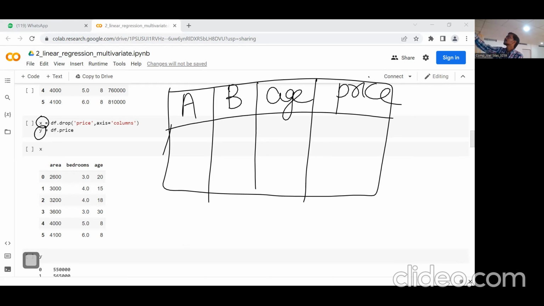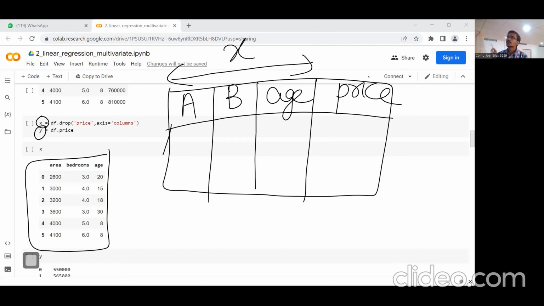So we want only these to get stored in a data frame called X. This is a 2D structure called a data frame. In order to extract this, from our original data frame, we drop the price column. Drop means you eliminate the price column.